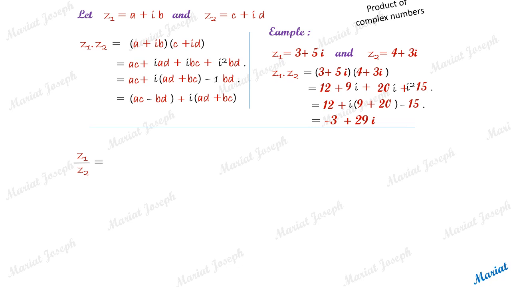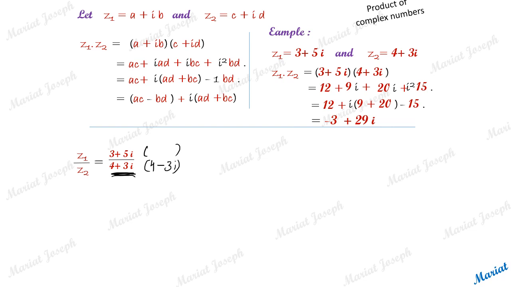Now, in case we need to divide z1 upon z2, first you write it in the rational form, the quotient form, and to complete this division, what we do is we will multiply and divide by the conjugate of the denominator. So if 4 + 3i is the denominator, multiply and divide by 4 - 3i.